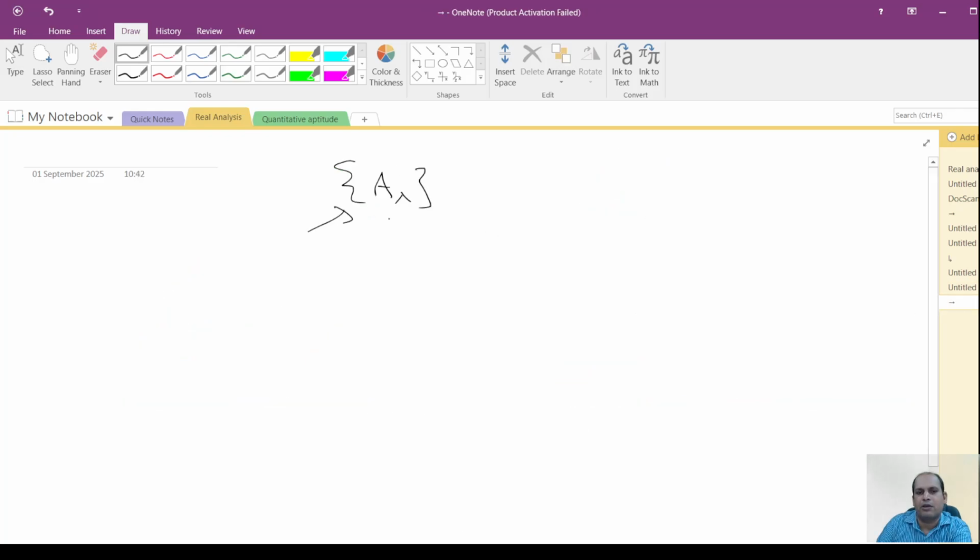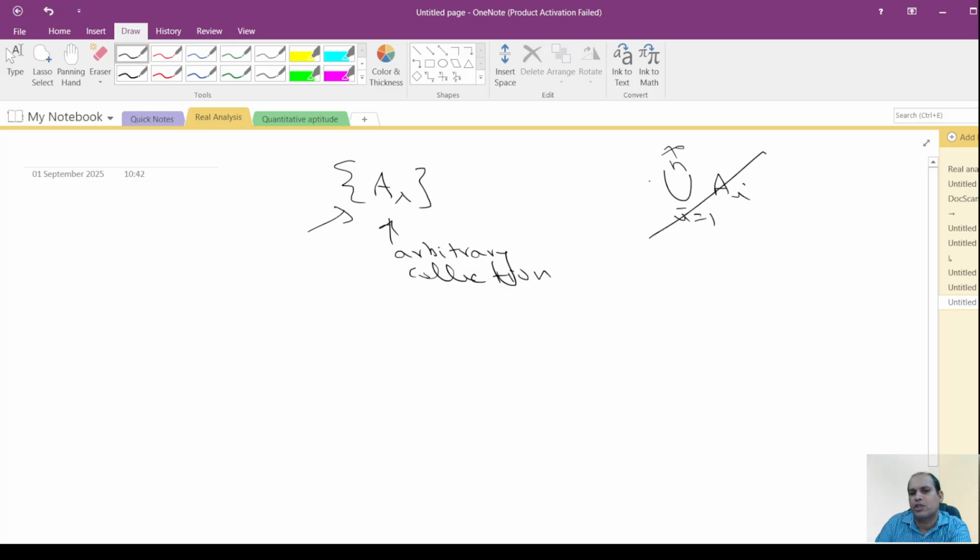If an arbitrary collection of sets is given, I cannot use the notation 1 to n or 1 to infinity of A_i, unless it is given that the collection is countable or at most countable. In that case, for an arbitrary collection, we have to use the concept of index set, which we will cover later on.